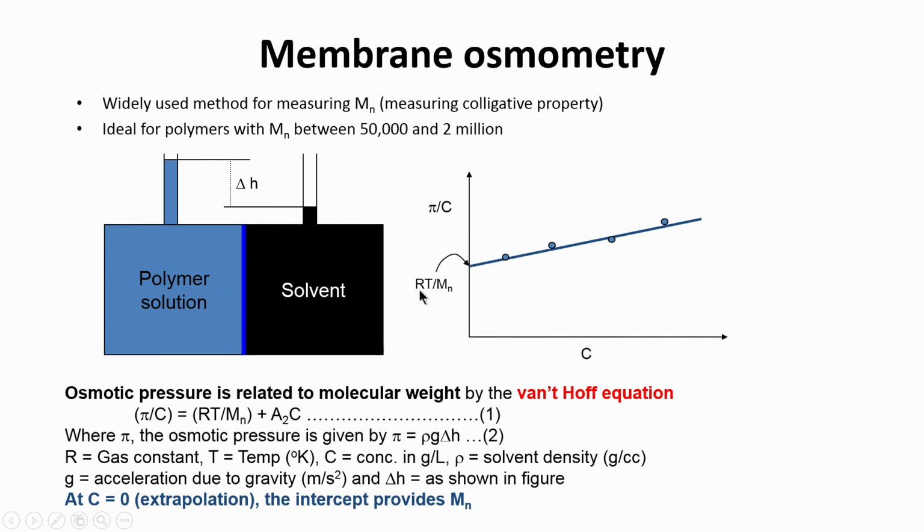Since you know R, and you know T, the temperature at which the experiment was performed, and this line you have experimentally plotted, you can get the value of Mn through this intercept value.